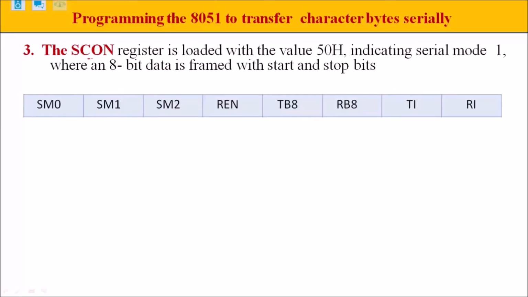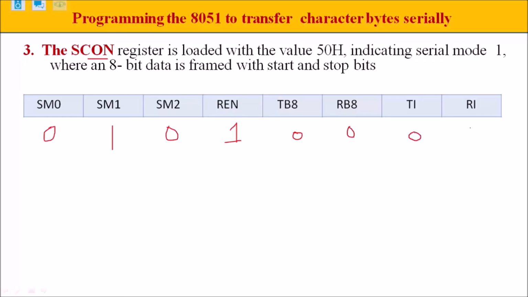Then we have to initialize the SCON register. For the SCON register, these two bits are for mode selection. We are going to use mode 1, so 01 will be stored. This bit is for mode 2 and mode 3. This is to enable the receiver. We'll enable it. If you don't want to enable it, you can store 0 here. These bits are used again in mode 2 and mode 3, so these are 0.